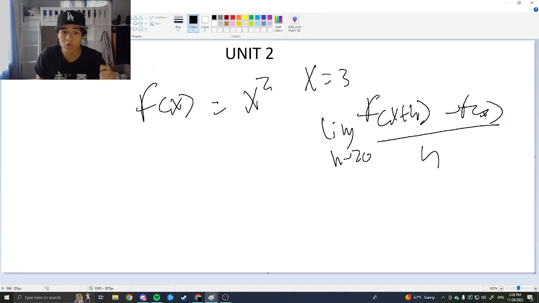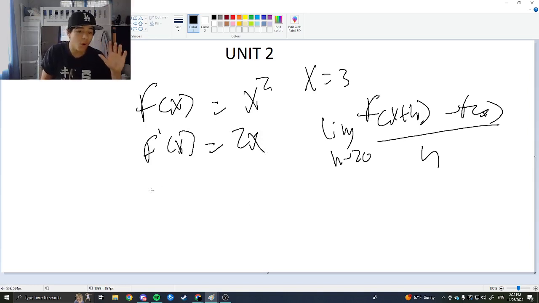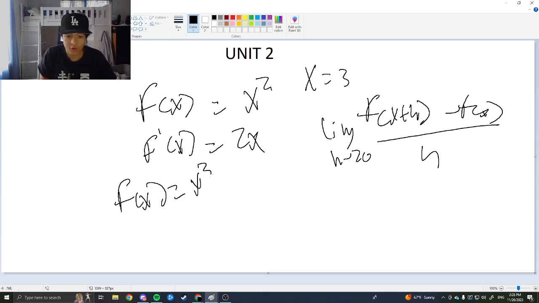It's called the power rule. So if f of x is x squared, f prime of x is 2x. Whoa, I know it's crazy. If f of x is x to the third, f prime of x, or the derivative, is 3x squared.